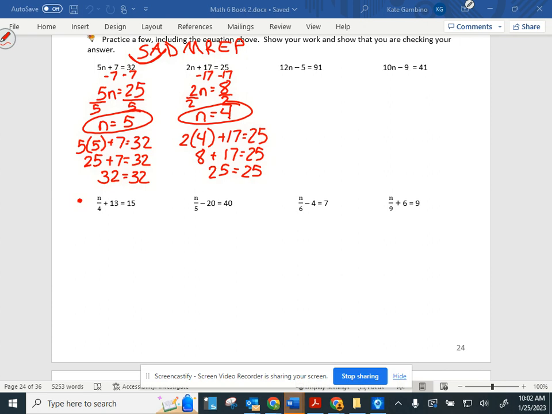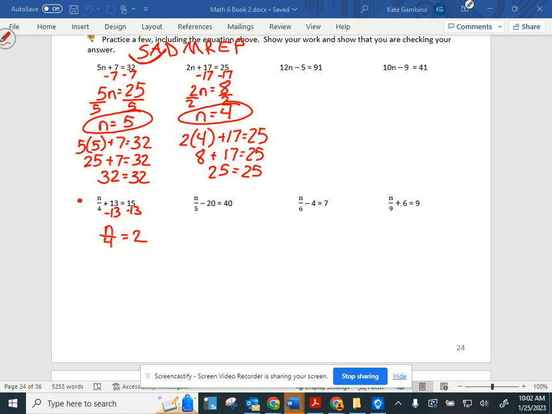So what is the opposite operation I'm going to do? It is adding already. We have plus 13, so I'm going to subtract. So if we are adding, we have to subtract. So 13 minus 13 is 0. So I have n divided by 4 equals 15 minus 13, which is 2.